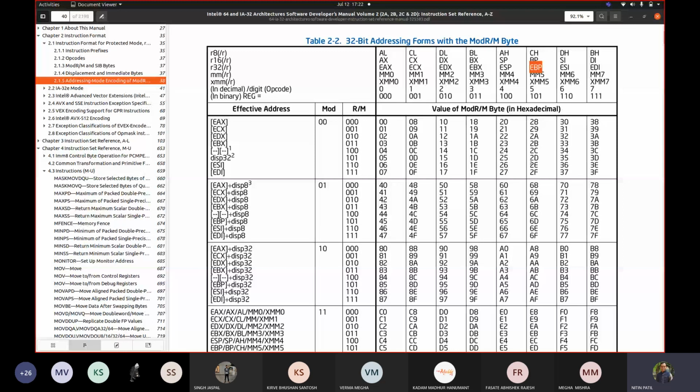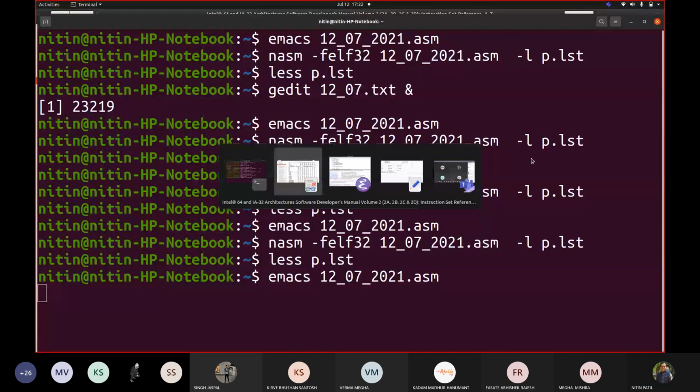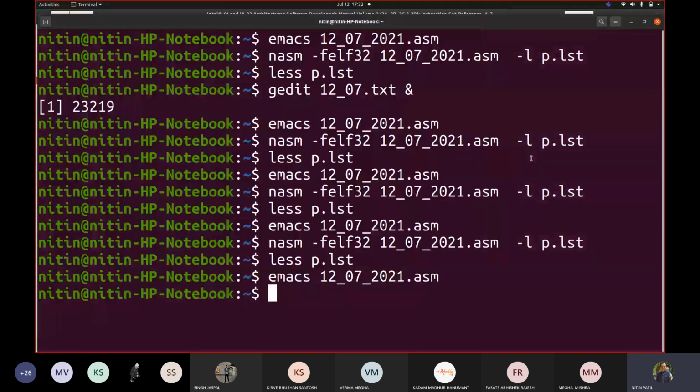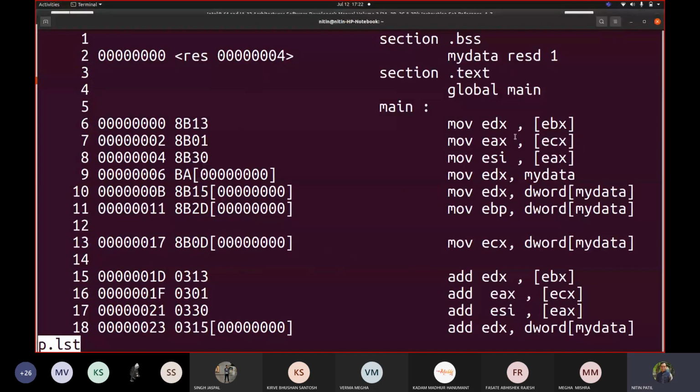So we are taking this register EBP, and we should get 2D there. Let us see. Let us save this code, and let us translate with MASM. Now, can you see 2D there? Yes, sir. That means what?